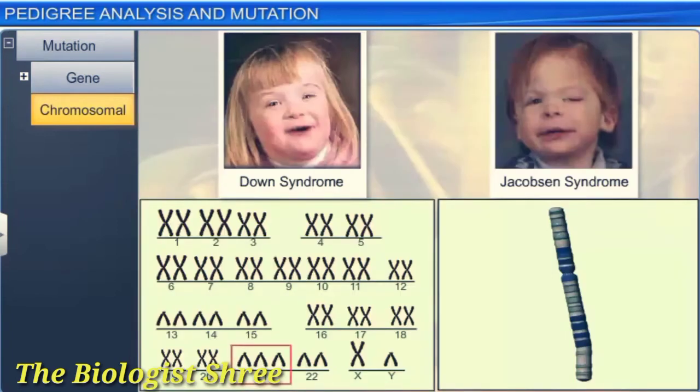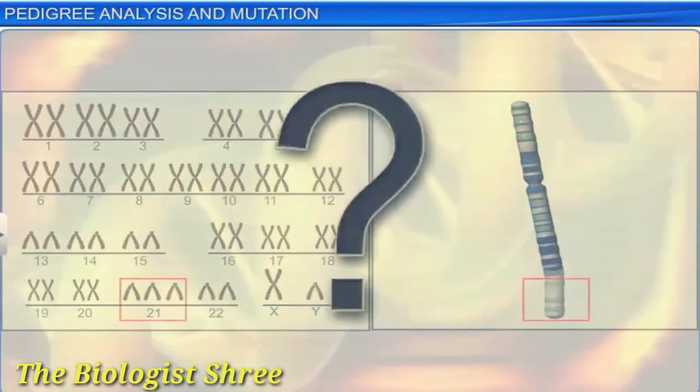Down's syndrome and Jacobson's syndrome are some disorders caused by chromosomal mutations. Down's syndrome is caused by an additional X chromosome in the 21st chromosome, and Jacobson's syndrome due to deletion of a portion of the 11th chromosome. But why do genes and chromosomes undergo mutations?